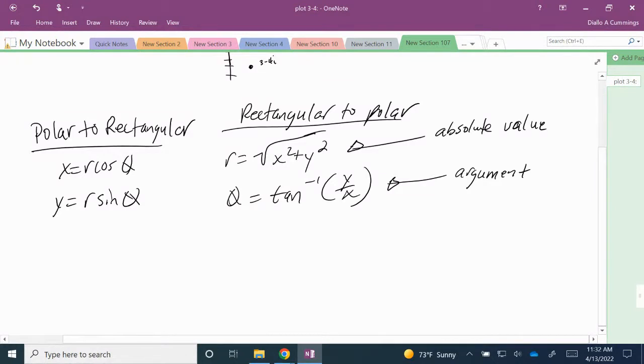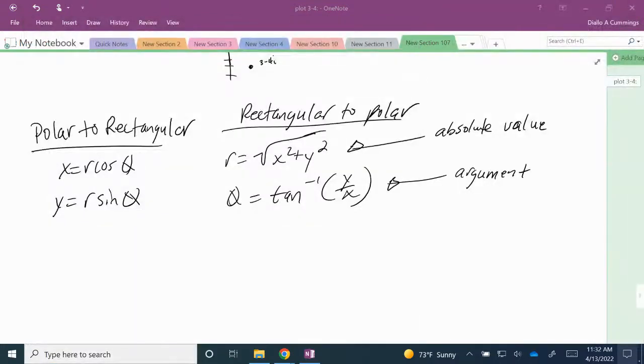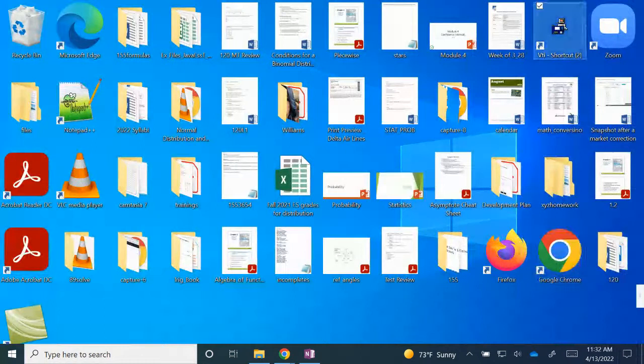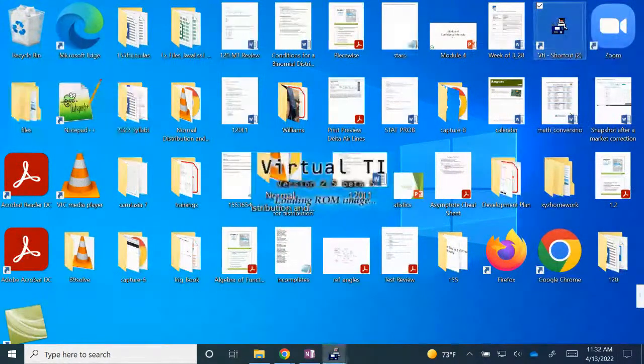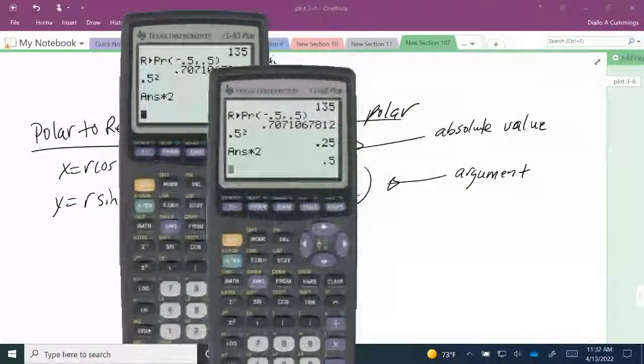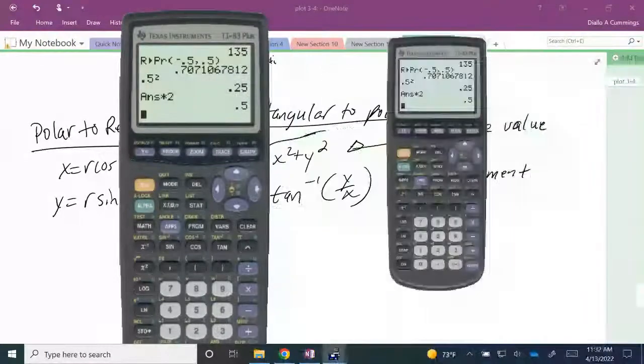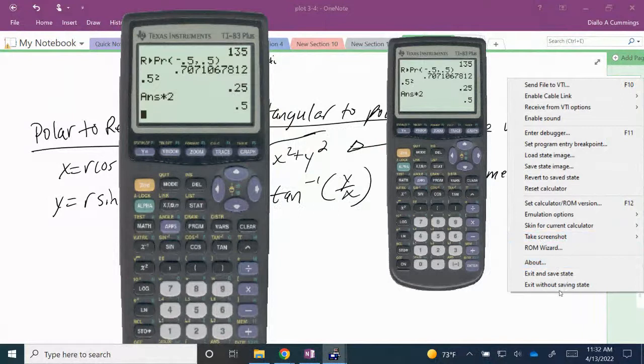We were also able to use the calculator, and I'm going to bring that up, to find r, and we were also able to use a calculator to find theta. Just reviewing.